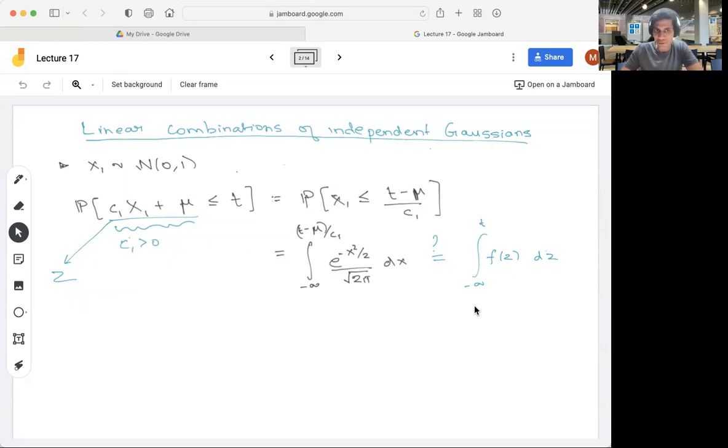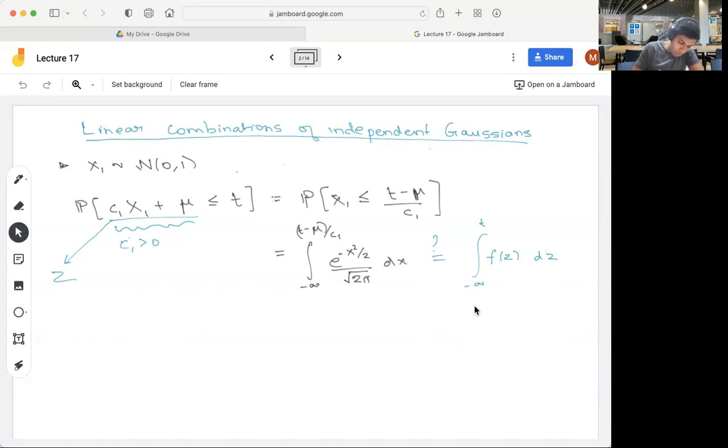If you can write down the probability that the random variable is less than or equal to t as some integral from minus infinity to t, then whatever function you are integrating is the density function. Okay. This has to be true for all t, by the way. It's not for a specific t, but we should be able to do this for any t.